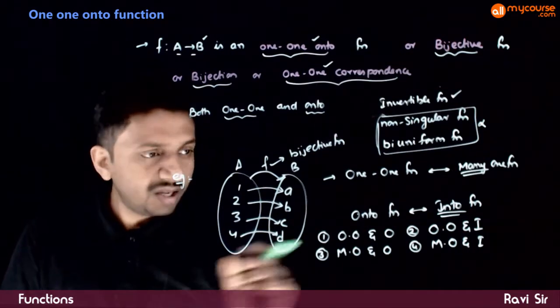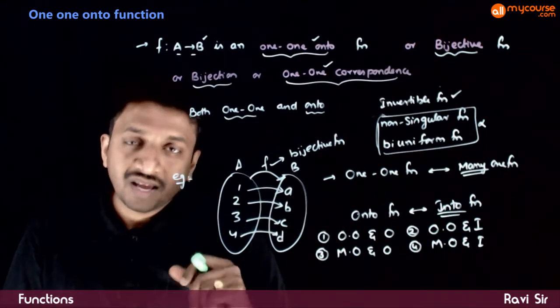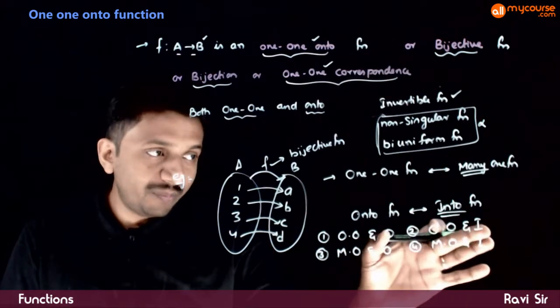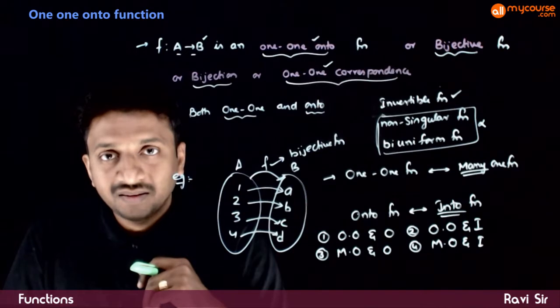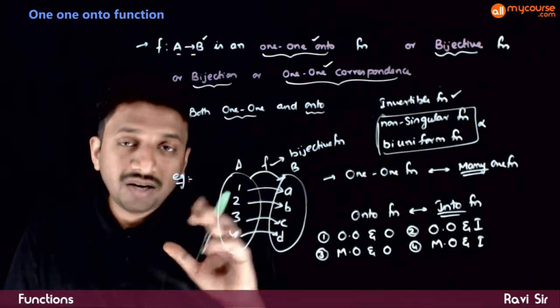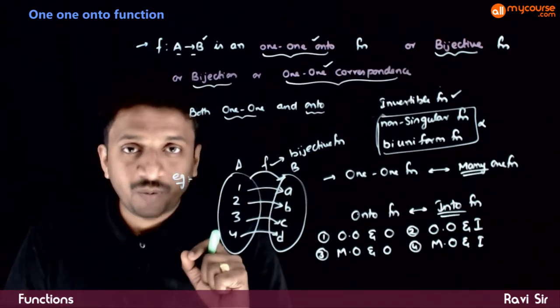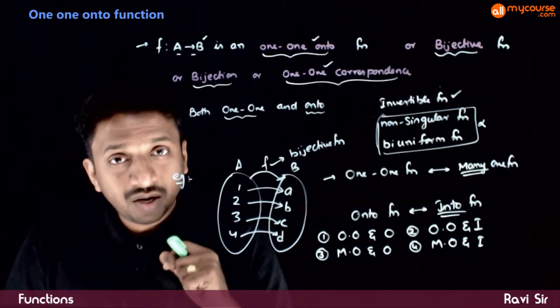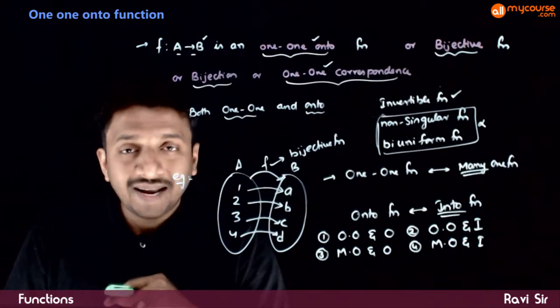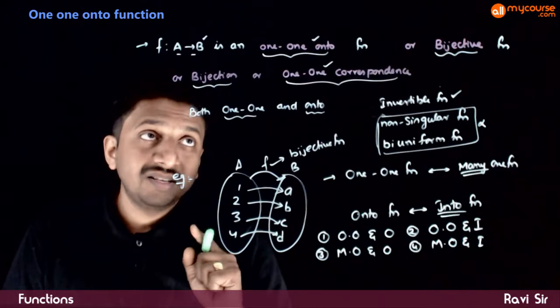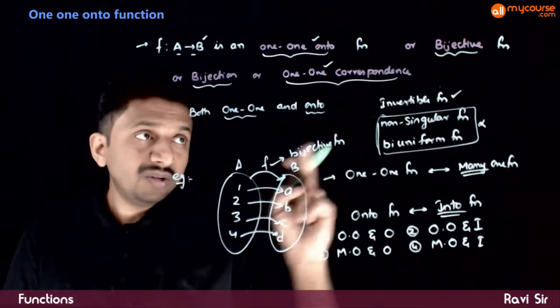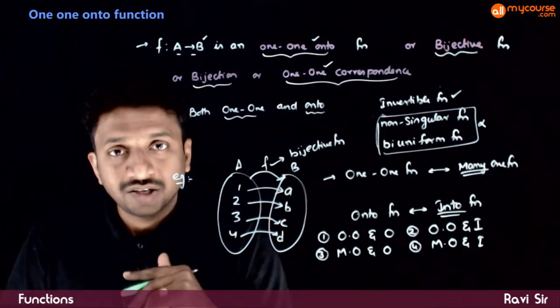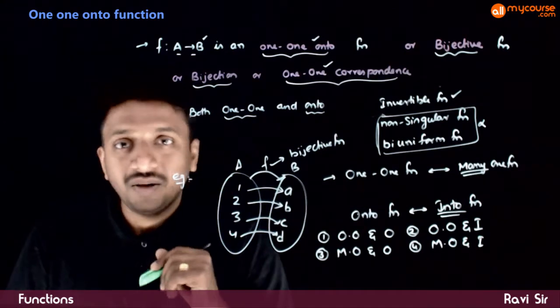If it is 1, 1, it goes into one of these, and depending on whether it is onto or into, you can put it in different categories. So this is what you need to learn about bijective function. Now we'll go into the horizontal line test for checking whether a function is 1, 1 onto, and we'll also go into why this bijective function is also called an invertible function.